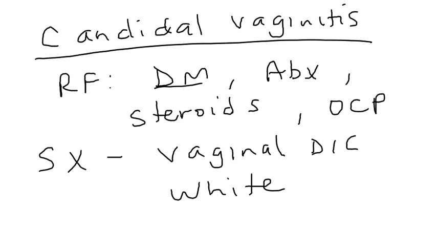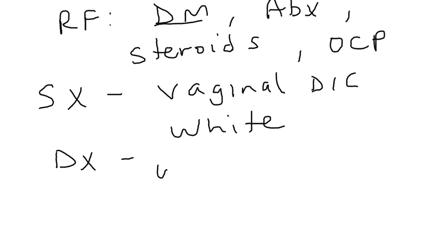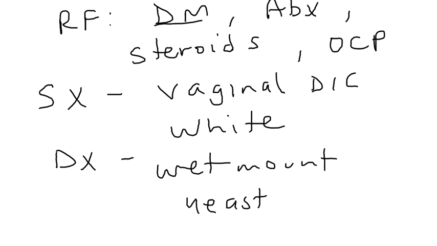Most women can sometimes even self-diagnose based on just the type of vaginal discharge. The diagnosis, again, is done with the wet mount, that famous wet mount we keep talking about, and you will see these yeast, because that's what Candida is.